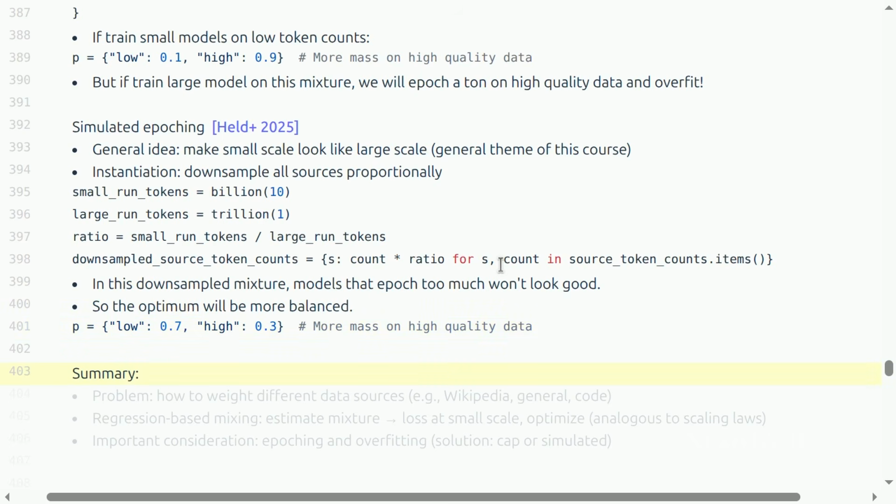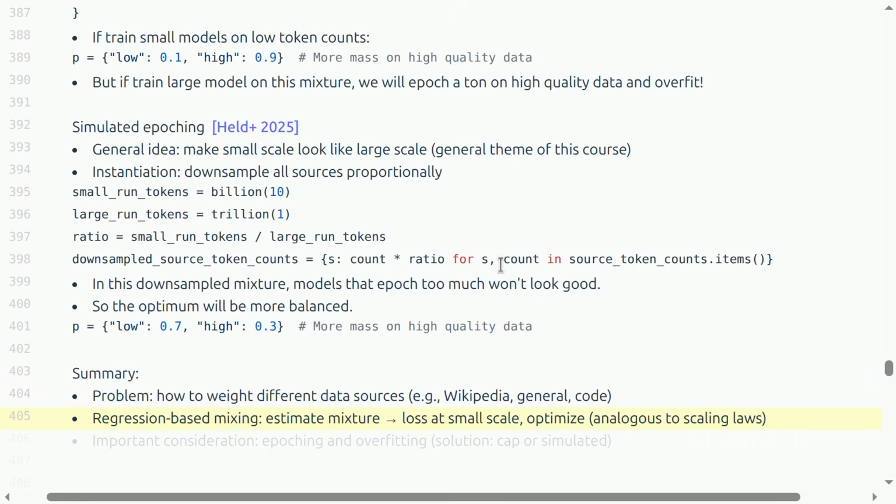Okay. So to summarize this section, the problem is how do you weight different sources? You have Wikipedia, you have your Common Crawl, you have your code, you have some math data that you scraped from somewhere. How do you balance them? Regression-based mixing is a nice framework, I think, to think about things. You estimate a functional form that maps your mixture weights to a loss at small scale, optimize, and then you generalize to large scale.